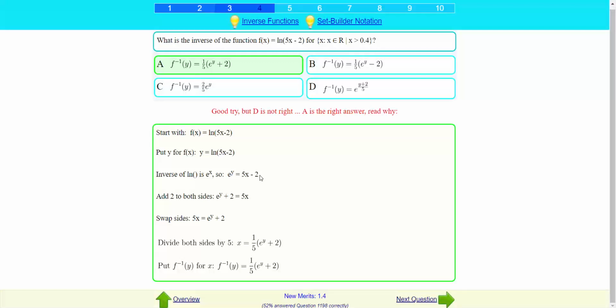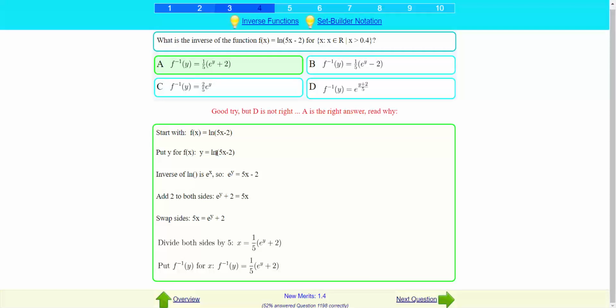So e to the power of x gives you ln of y. Then we know that y equals ln of 5x minus 2, right?